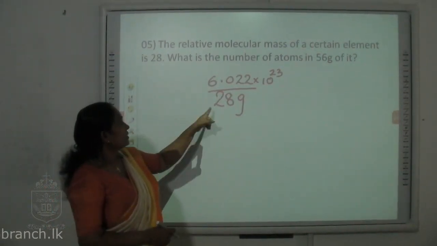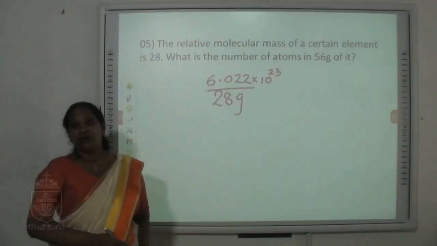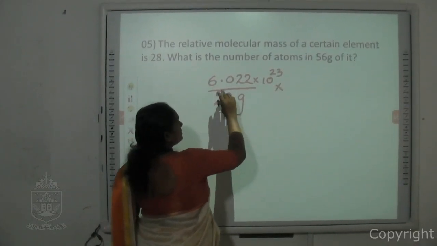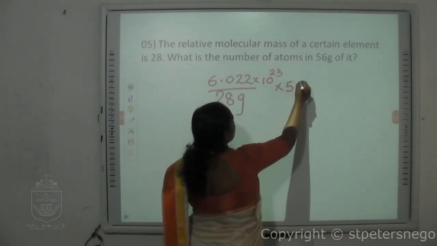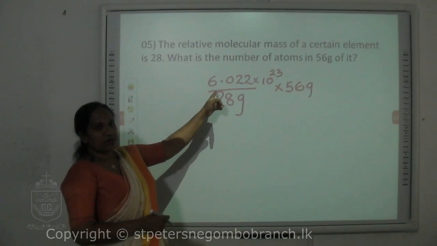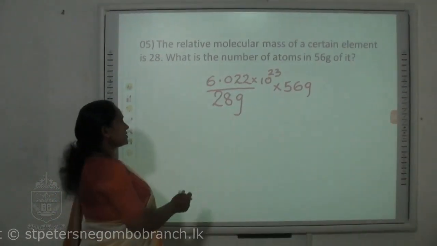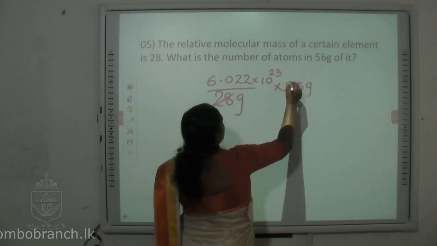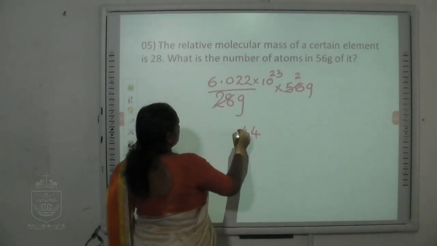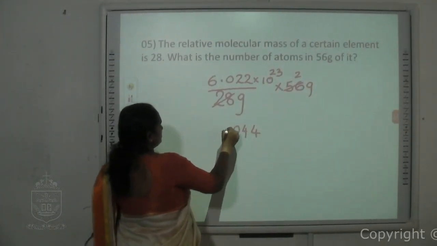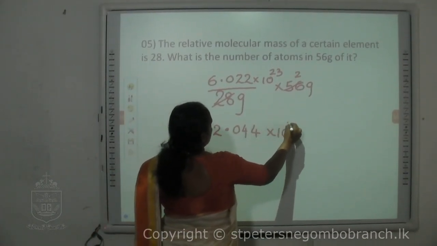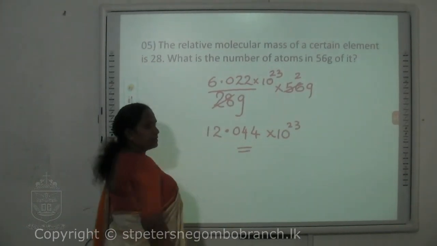In 28 grams this much, then in 56 grams, multiply into 56 and divide by 28. This is the answer.